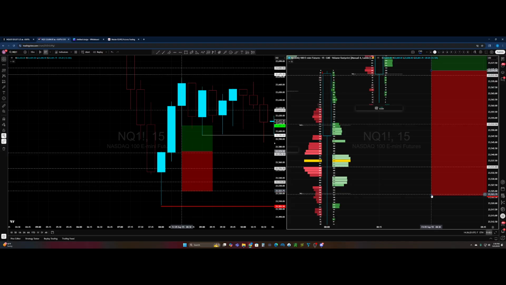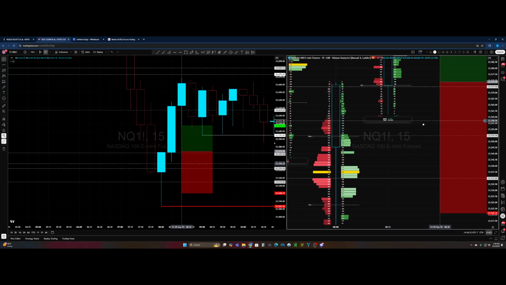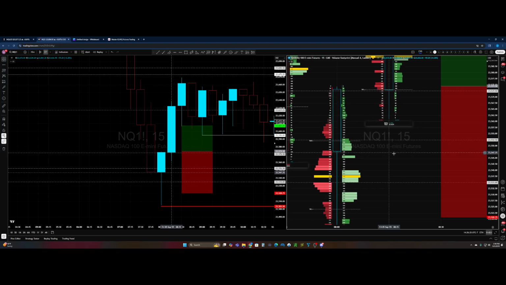But for now, the reason why I say the second option of having a stop past this point of control is because I've seen price move down back into the POC, use this area for liquidity to move higher. Now, question is, we didn't get down to the POC.